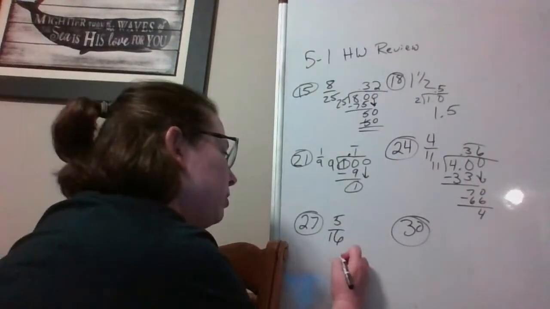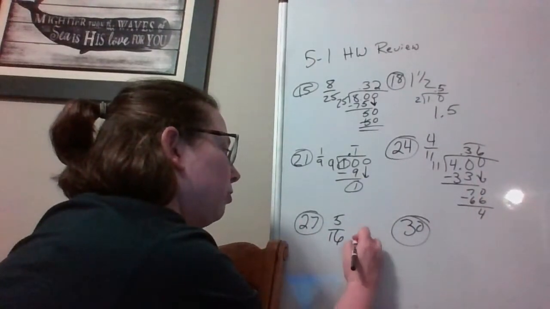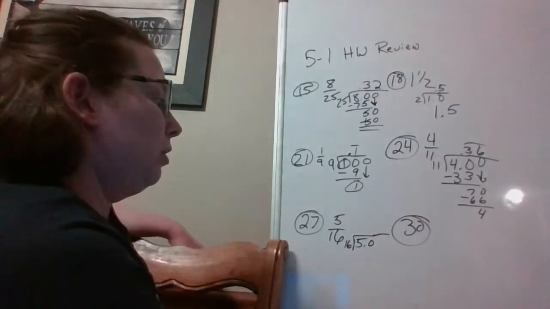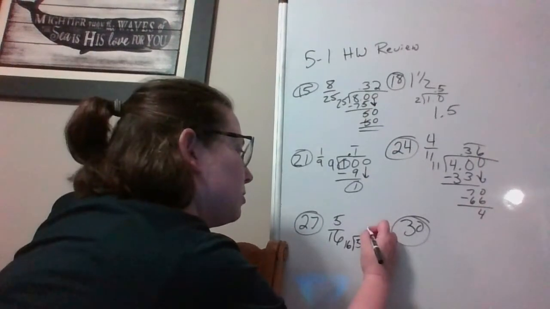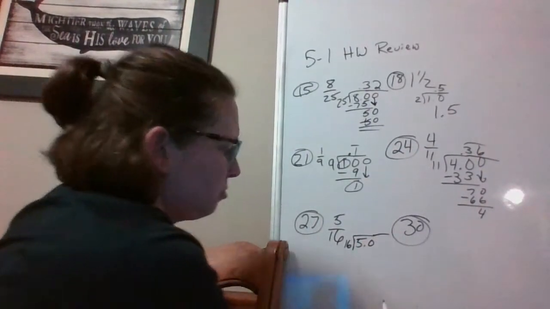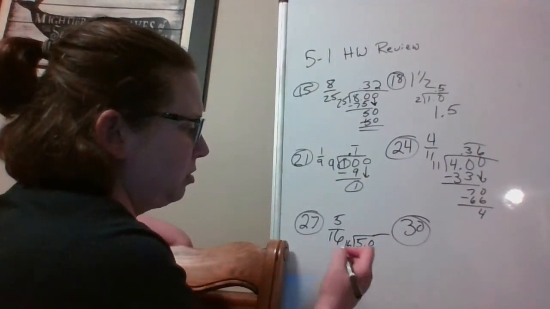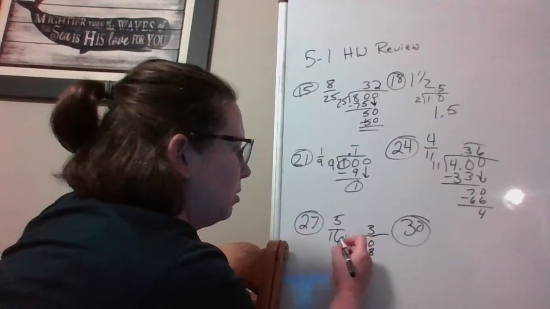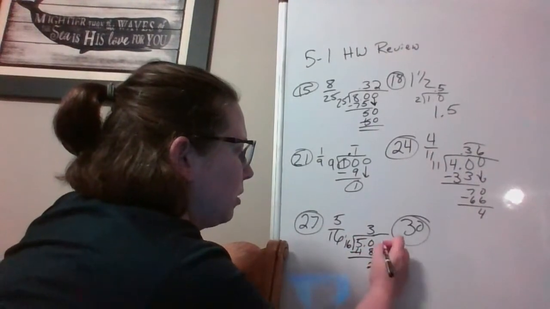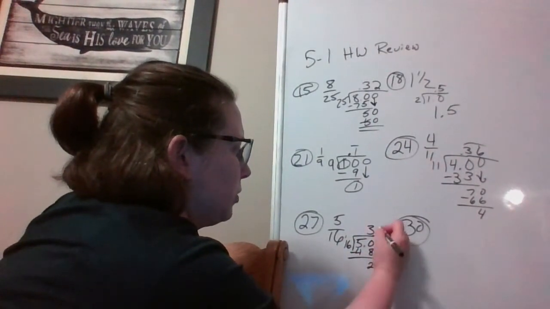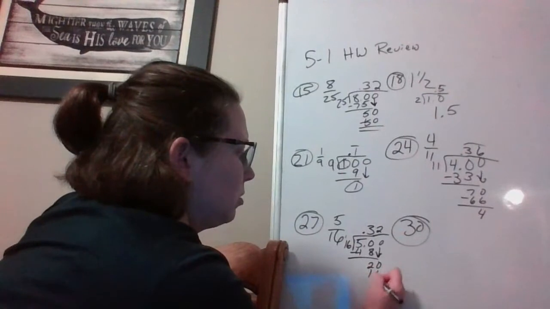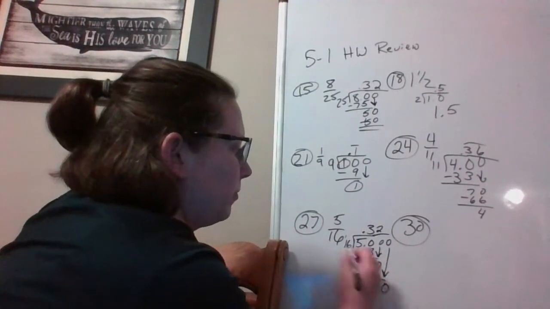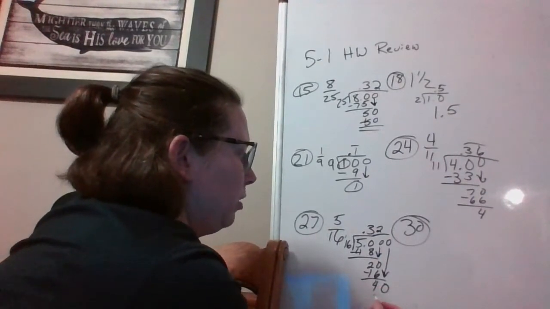For number 27, we would have 5 divided by 16. I think that's probably just, actually, seems like it's going to go 3 times. Yep. And this will go 2. 40.